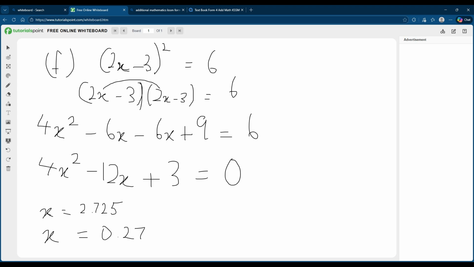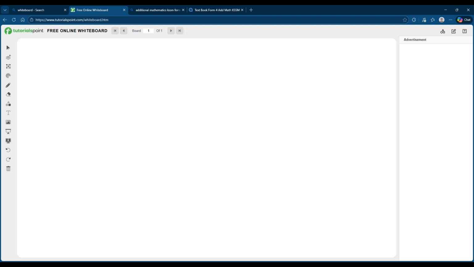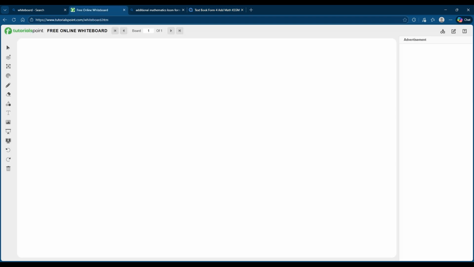That is 2 marks, everything 2 marks. But of course you have to show your working for the formula, because or else you will not get the 1 mark. It said in the textbook question, using formula.